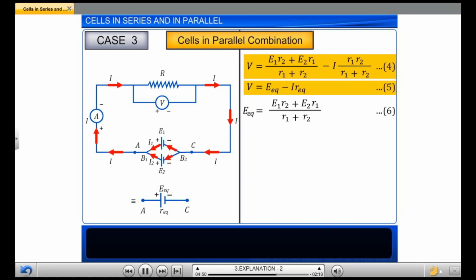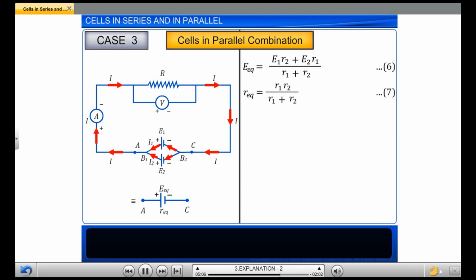Let this be equation 6. REQ is equal to R1 R2 divided by (R1 plus R2). Let this be equation 7. Equation 7 can be written as 1 by REQ is equal to 1 by R1 plus 1 by R2. Let this be equation 8.